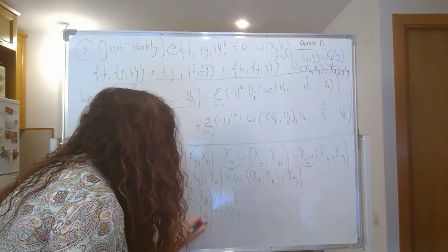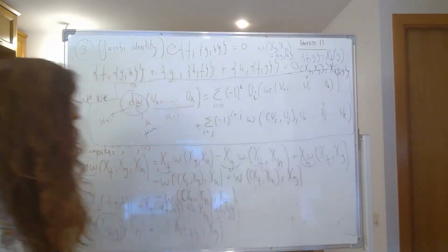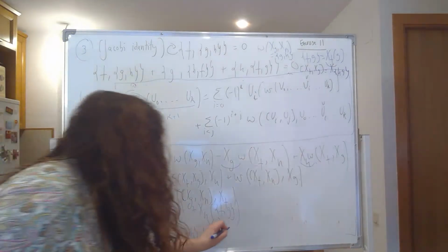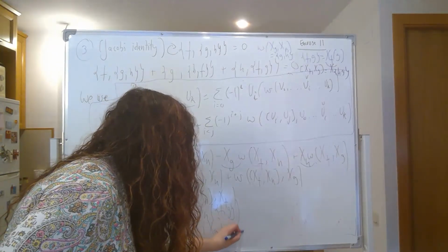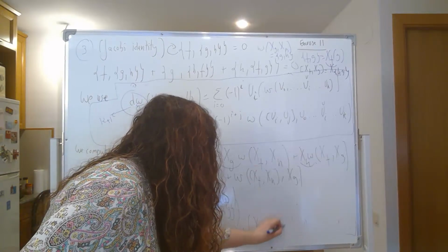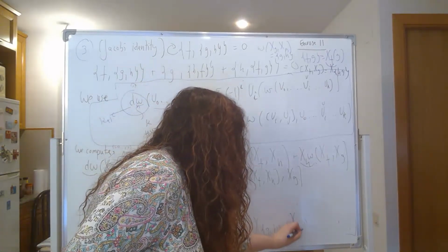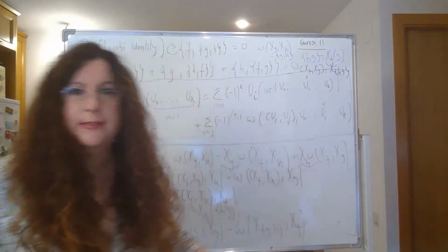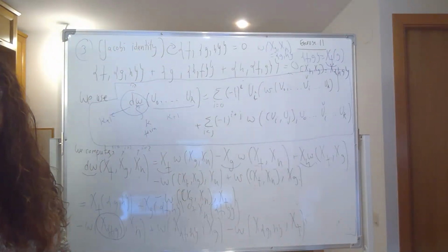Okay, and then this is X sub G. Have to pay attention not to make errors at this point. Minus X of GH, XF. All right? So that's the first step. Any questions?